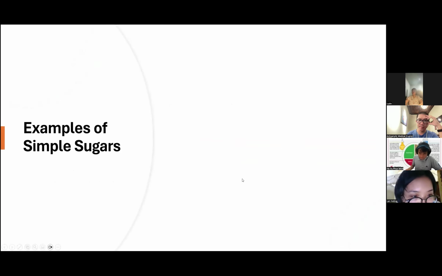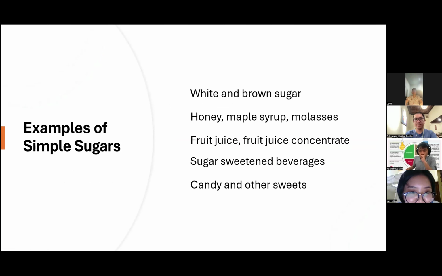Here are some examples of simple sugar. White and brown sugar, honey, maple syrup, molasses, fruit juice concentrate, sugar-sweetened beverages, and candy and other sweets.